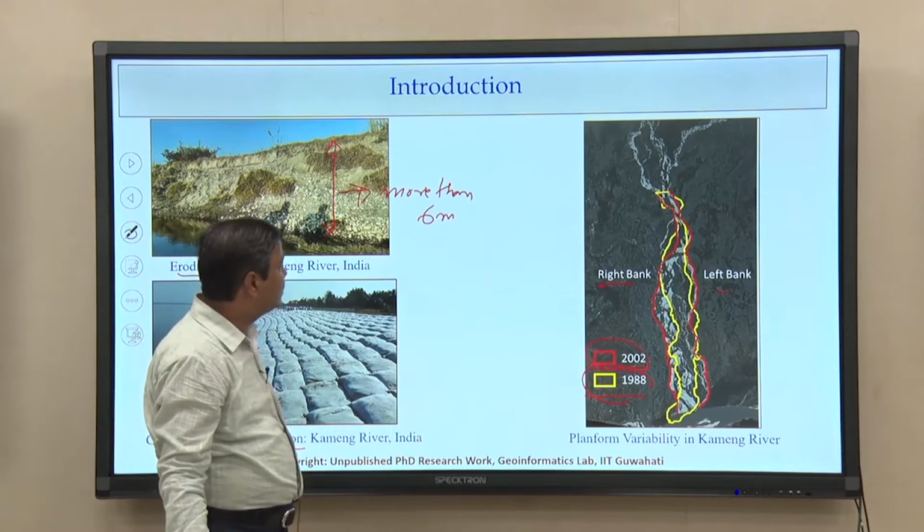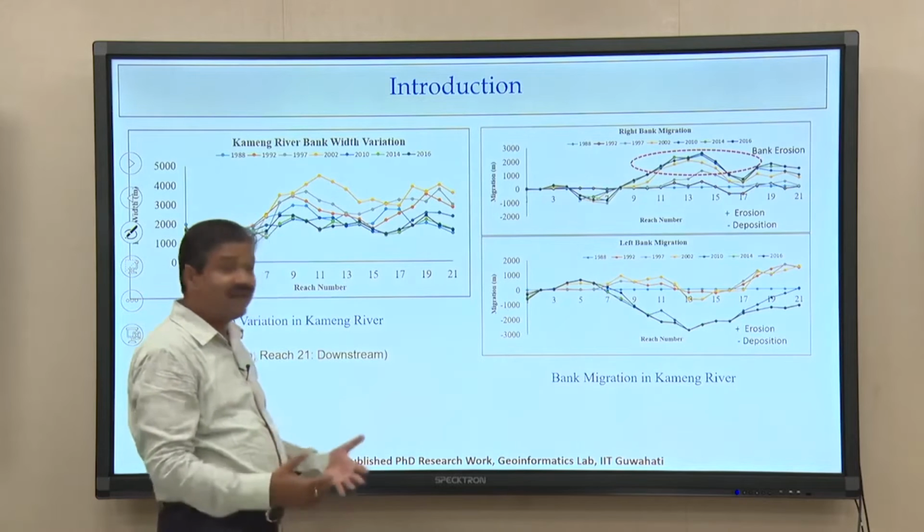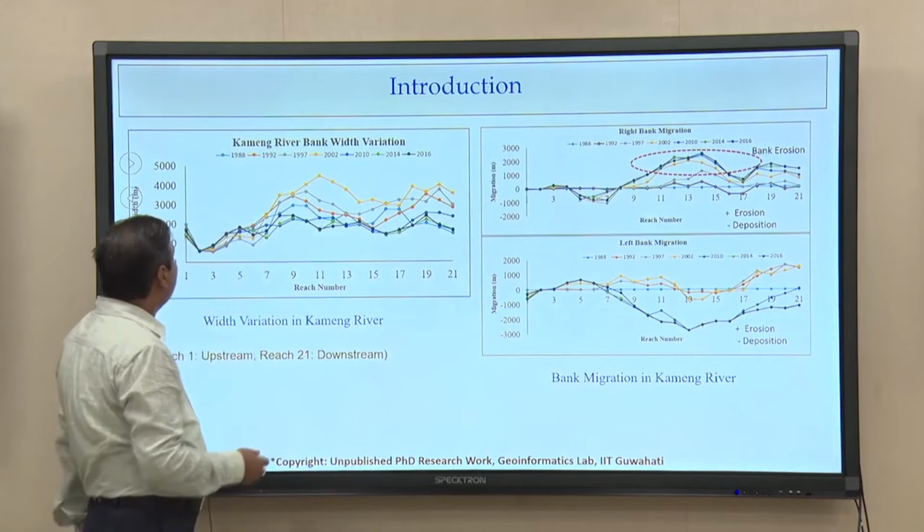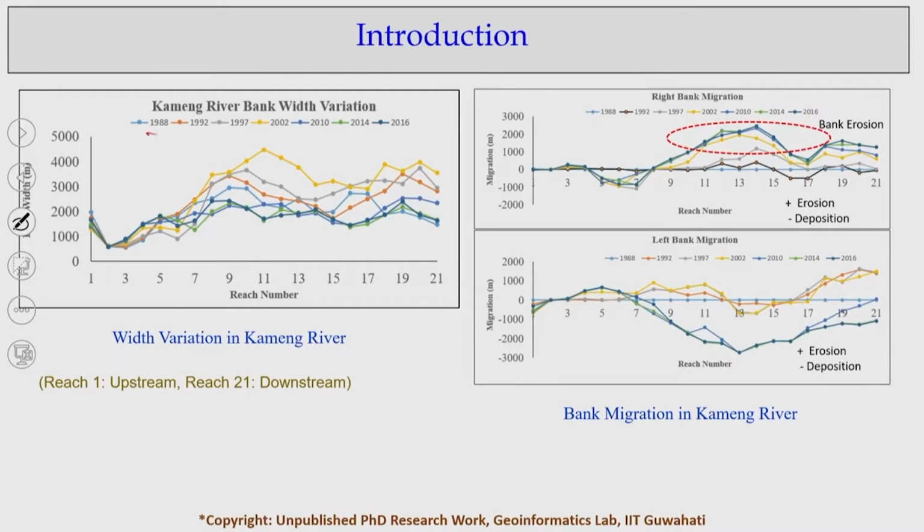We will have more discussions, and the next slide shows, from 1988 to 2016, almost 28 years, how the river width varies with reach number along the length.